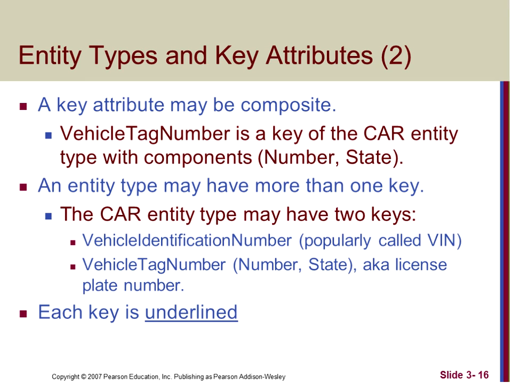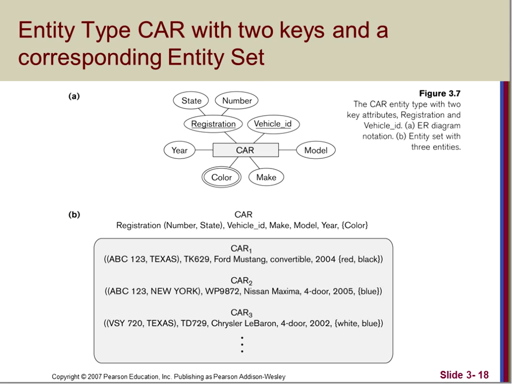Oh, one more thing is that a key attribute can be composite. Okay, so when you see this one, registration is a key attribute. Vehicle ID is a key attribute. There are two key attributes. So it's okay.